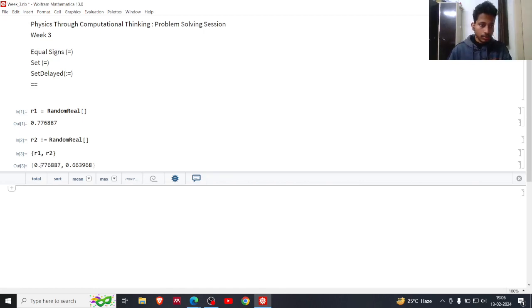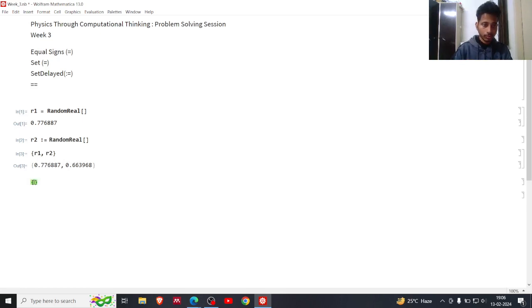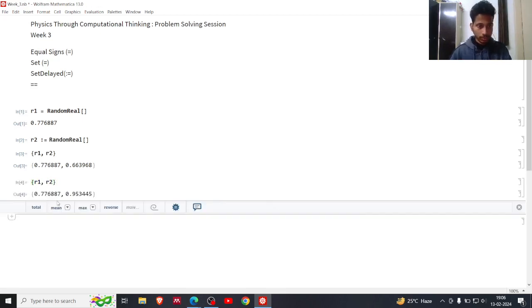Here you can see that the value of R1 is the same, because it is not being evaluated every time we write R1, but R2 is being evaluated and the value is 0.663968. Again we write the same code, R1, R2. Here you can see the value of R1 is the same, but R2 is changing.